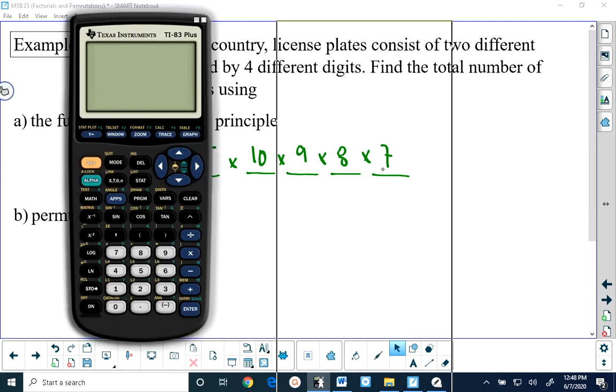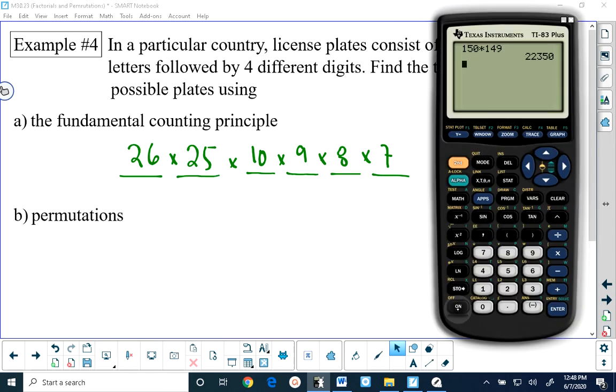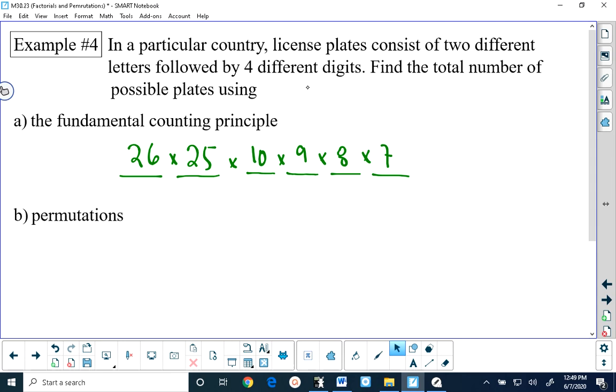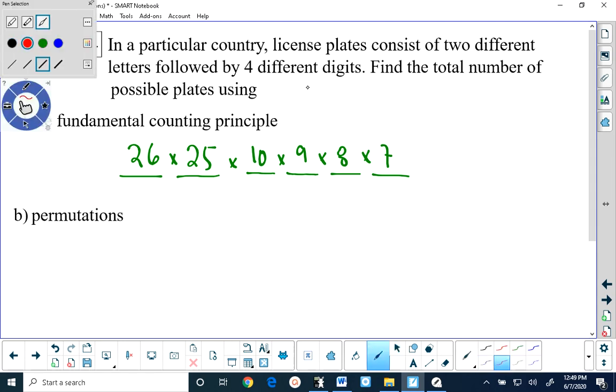So we have to multiply these numbers all together. 26 times 25 times 10 times 9 times 8 times 7, which gives us 3,276,000. That's our answer.